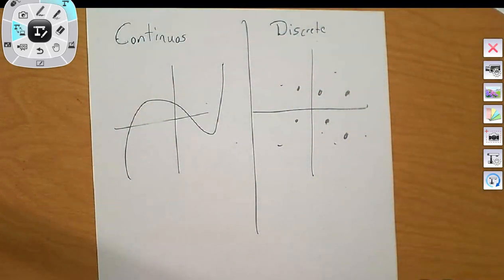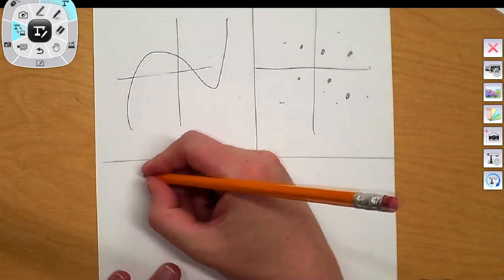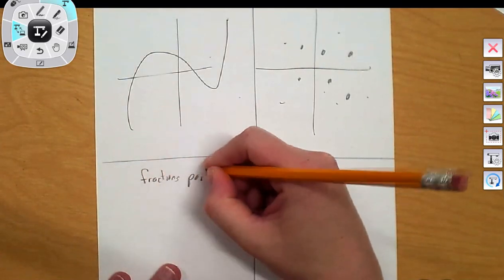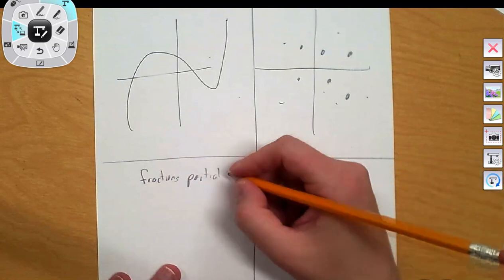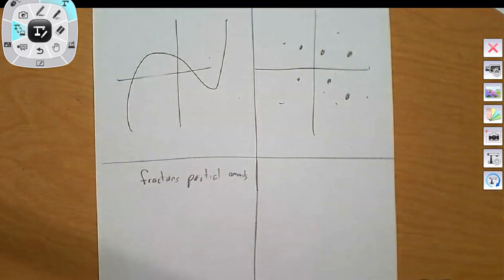Okay, when it comes to story problems, continuous is things that you can have fractions or partial amounts. So if you go to the store, you can't buy like a third a gallon of milk. You have to buy a whole gallon of milk or a half gallon. You can't buy any amount of milk.